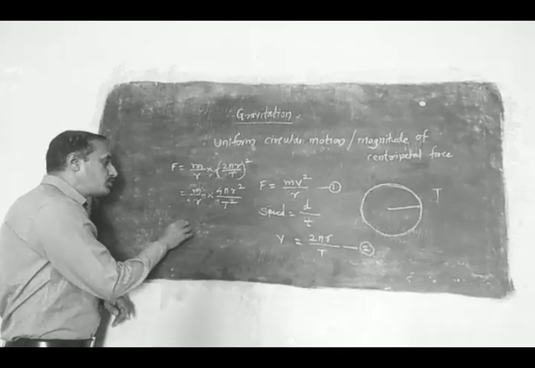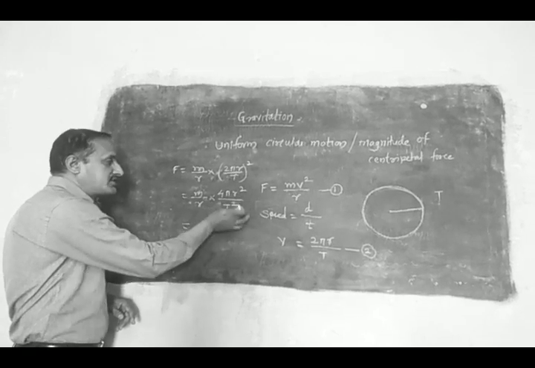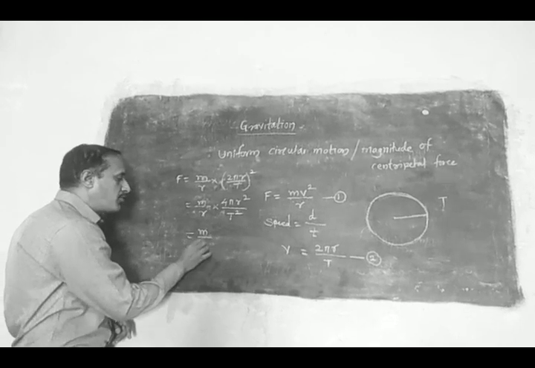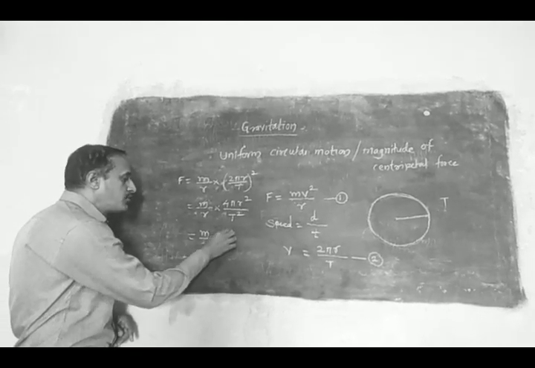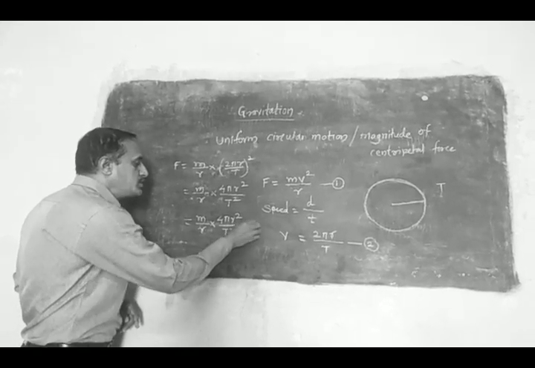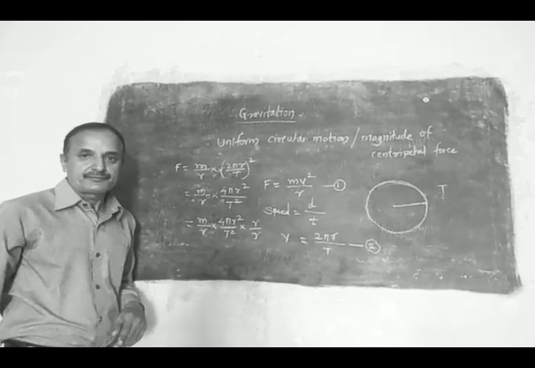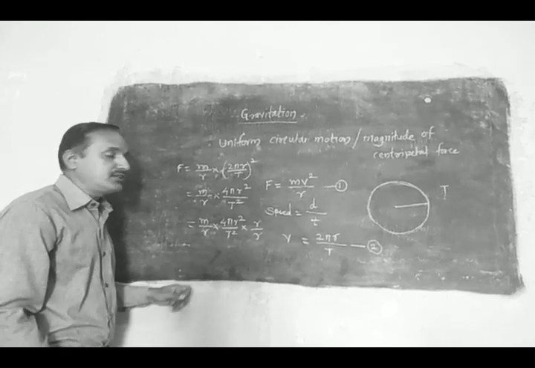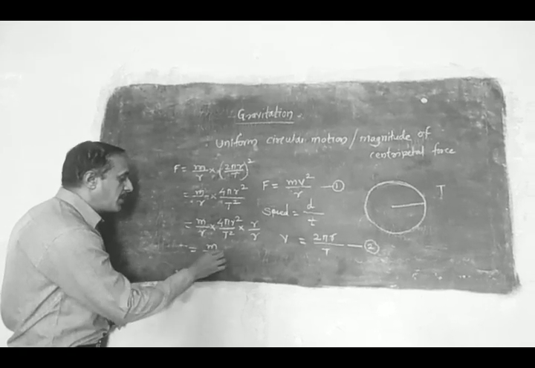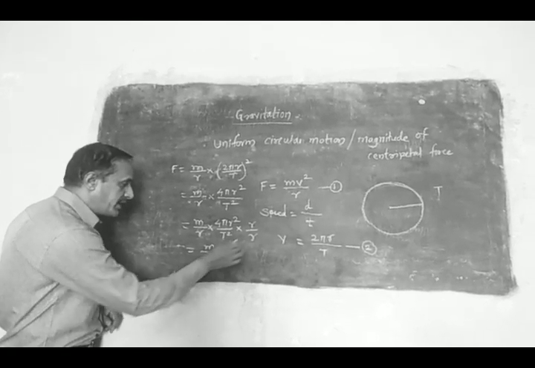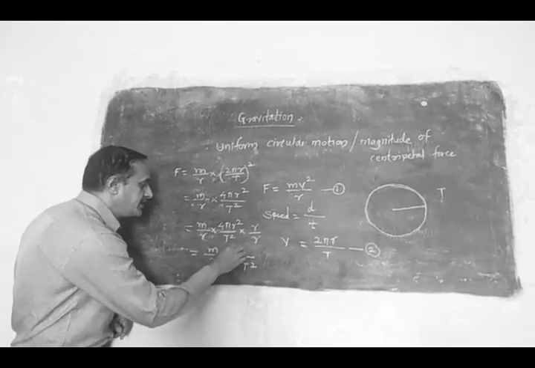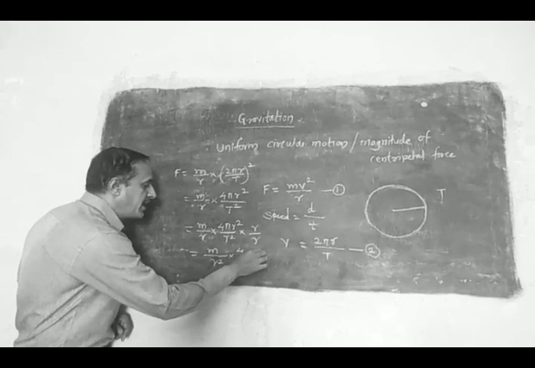Now next, we'll multiply both numerator and denominator by r. This is what we get here: m upon r into 4 pi r square upon T square into r upon r. See why we have done it like this, we shall see afterwards. So we get m upon r square, and separately T square here, then 4 pi r cube.